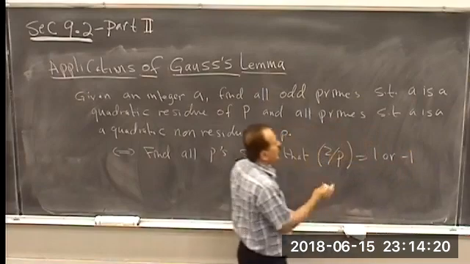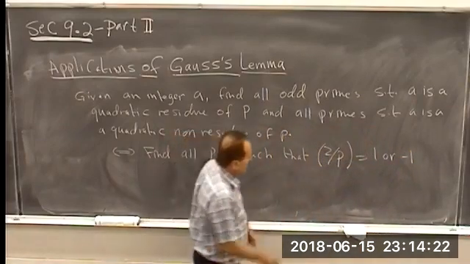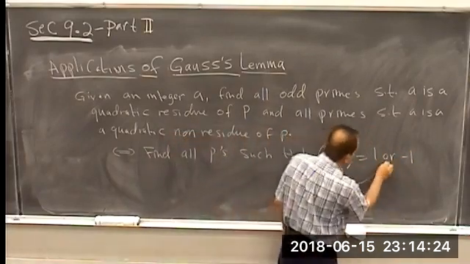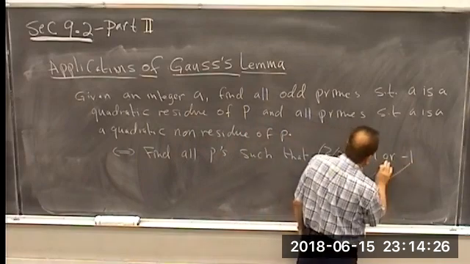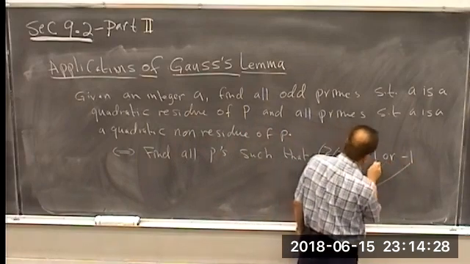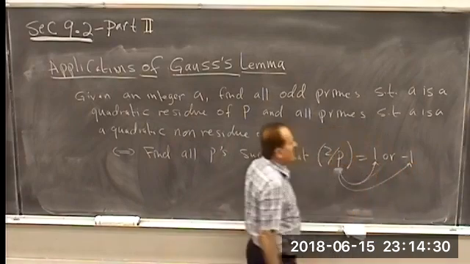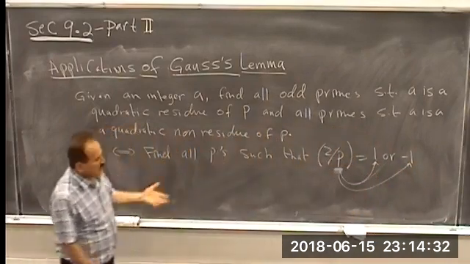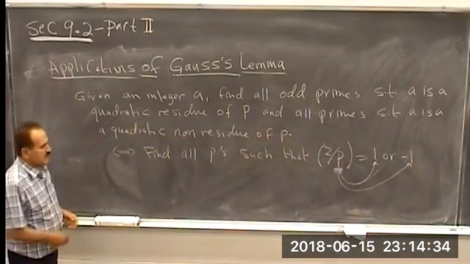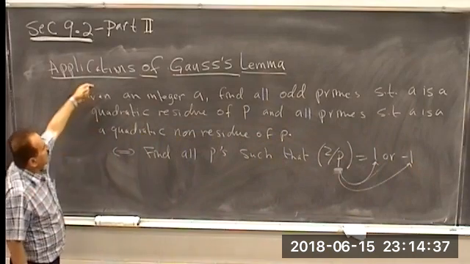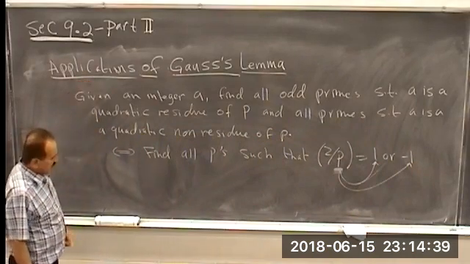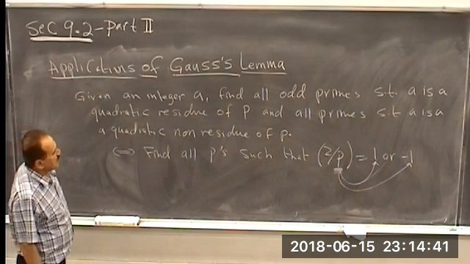In other words, for what primes P are we going to get 1, and for what primes are we going to get negative 1? So we're going to classify those primes that give me 1 and those that give me minus 1.